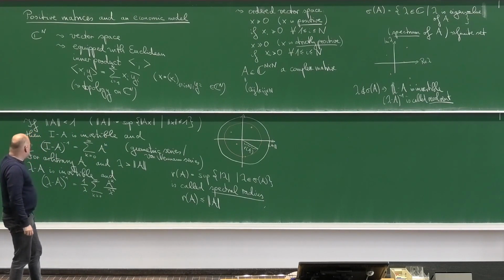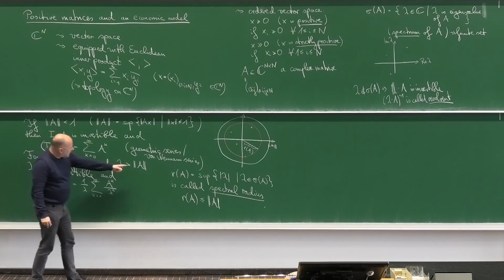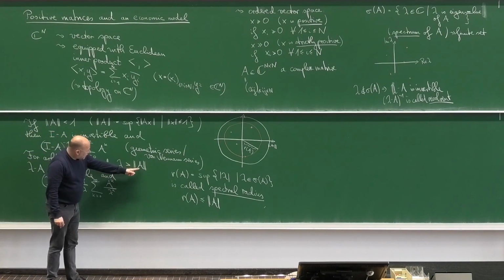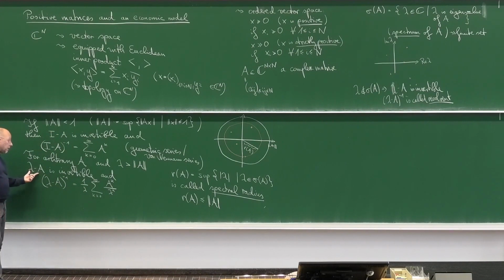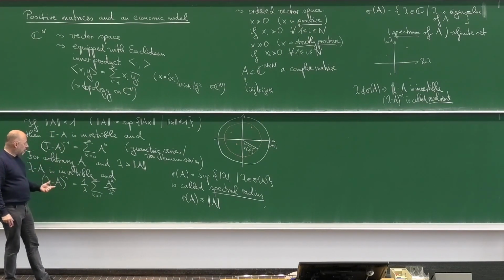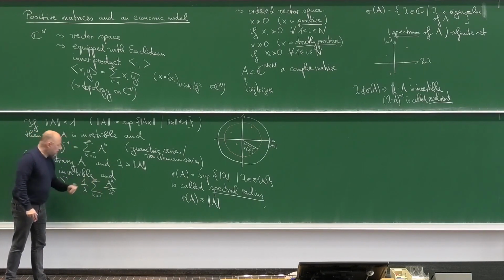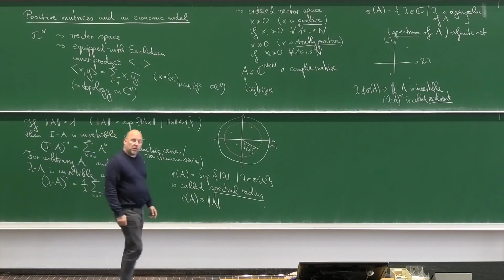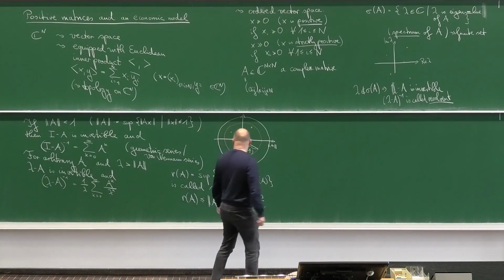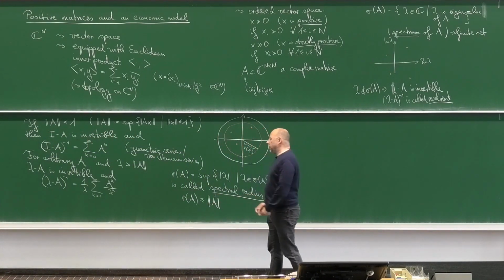Now if I replace the norm of A by the spectral radius, then for every lambda greater than the spectral radius, just by definition, this is invertible. But even for those lambda, this series converges absolutely. That's an argument using complex function theory, which I will not explain here.